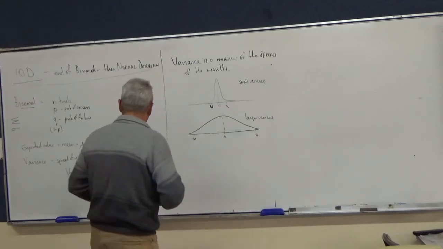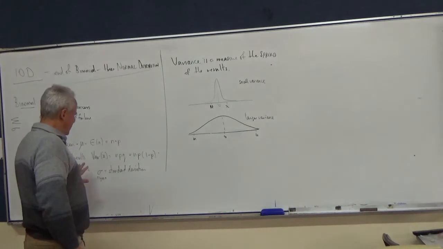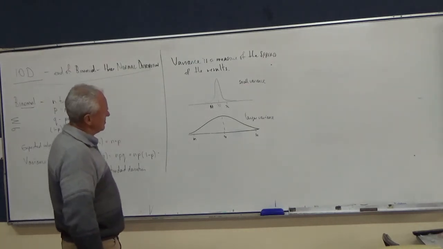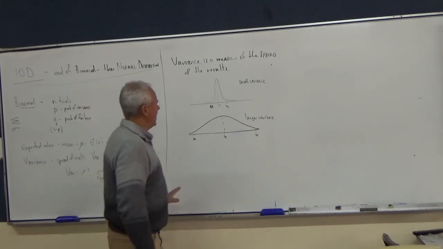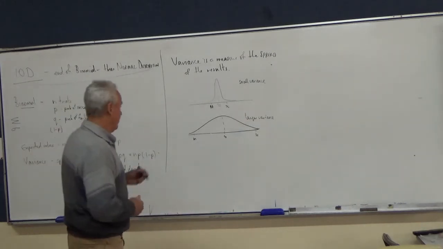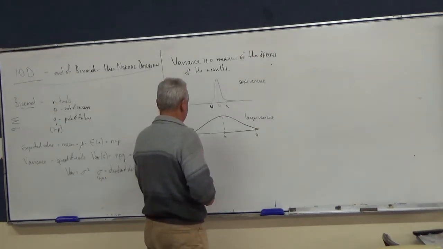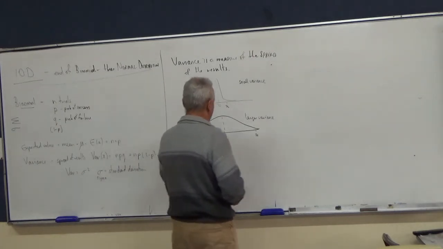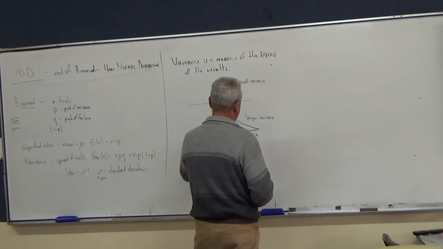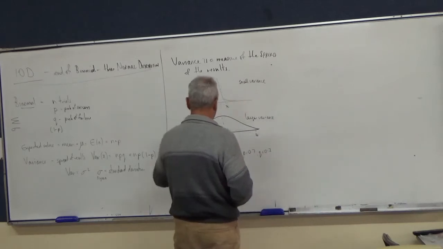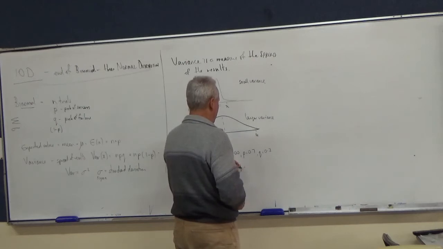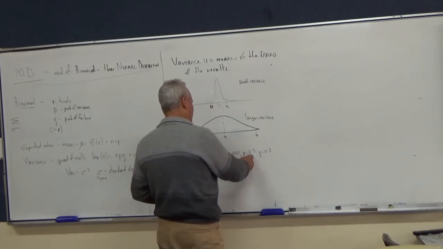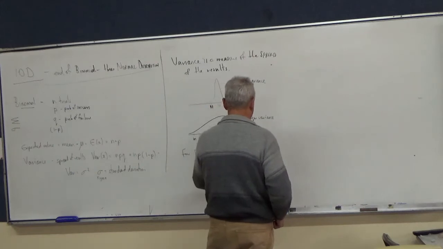So the variance, again, is sigma squared, where sigma is the standard deviation. In this case, for Conica, n was 100, p was 0.7, q was 0.3, therefore variance equals npq equals 100 times 0.7 is 70, times 0.3 is 21.